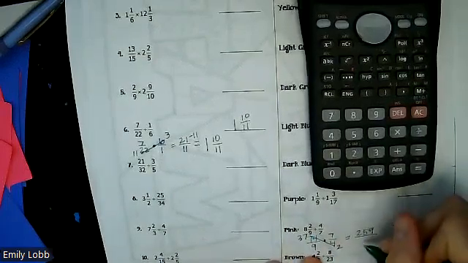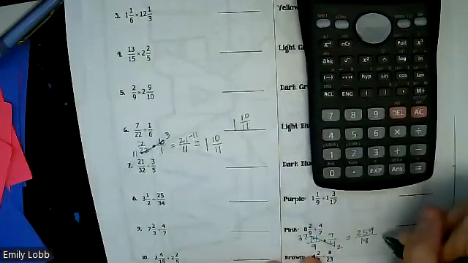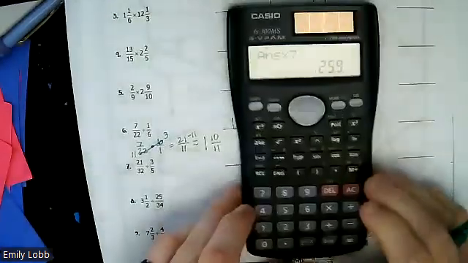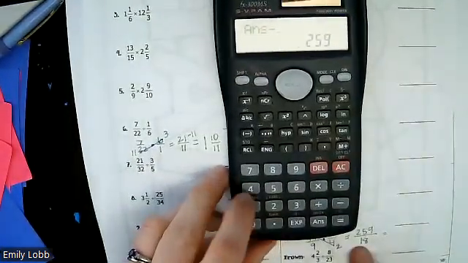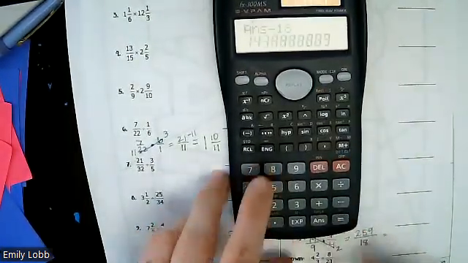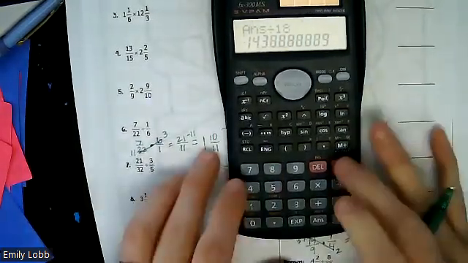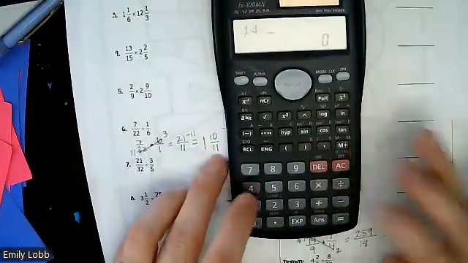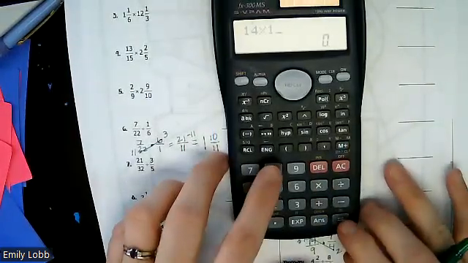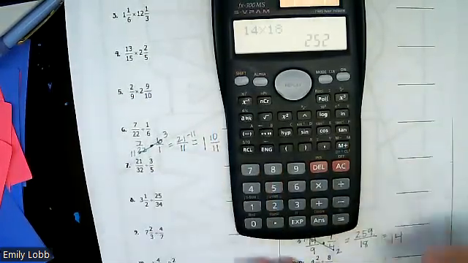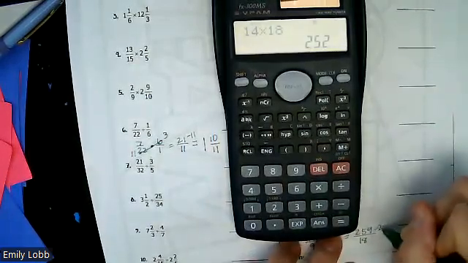And 2 times 9 is 18. So I would take that 259 and divide it by 18. That gives me 14 wholes. Well, 14 times 18 is 252.